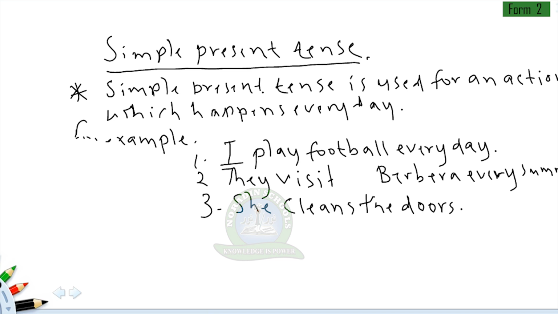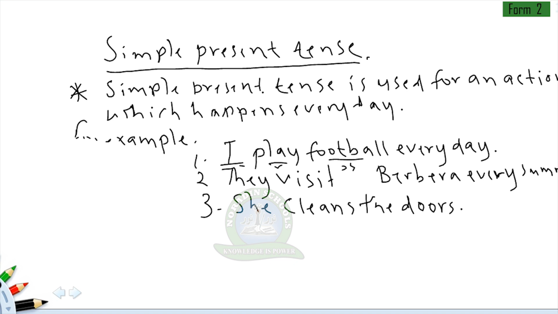In simple present tense, when we change from active into passive, we just change the verb. Instead of using the subject, we are using the object. For example, I play football every day. Here, I is the subject, play is the verb, and football is the object.